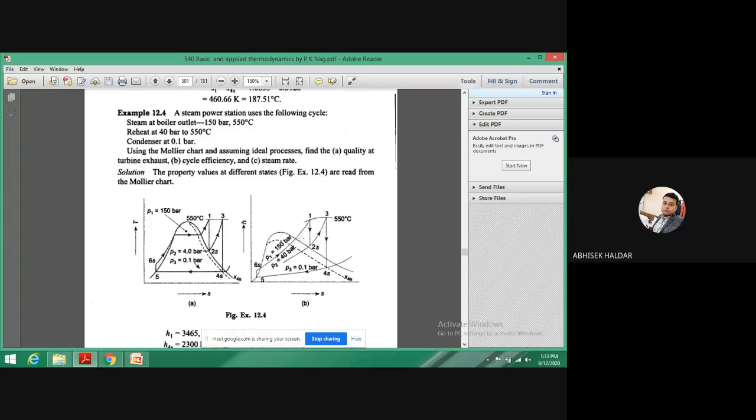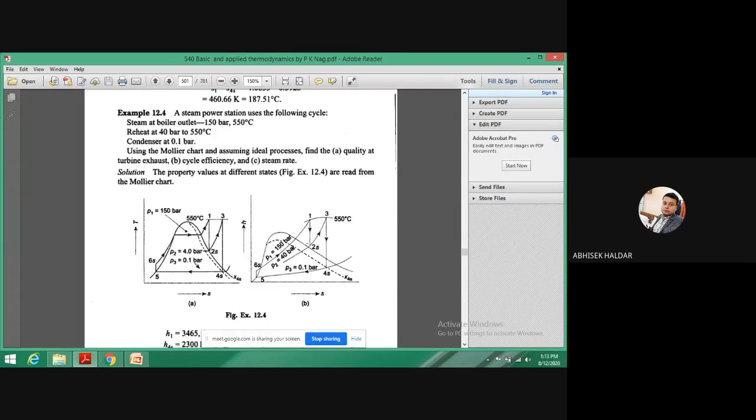So after locating this point, I will take my scale and drop down a simple vertical line. Where it cuts the 40 bar line, that point is nothing but this 2s point. Is there any doubt at this point? This will save your time while you solve your problem in the exam hall, if you have the Mollier chart.